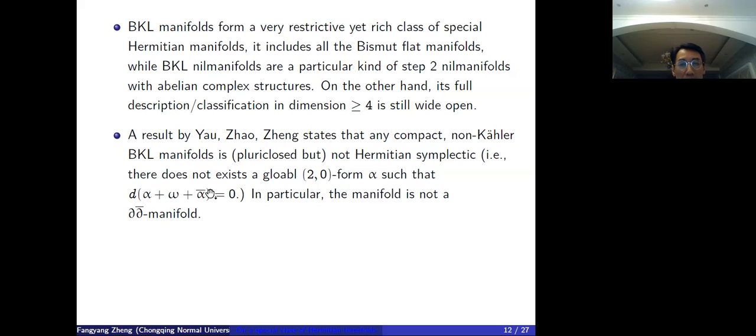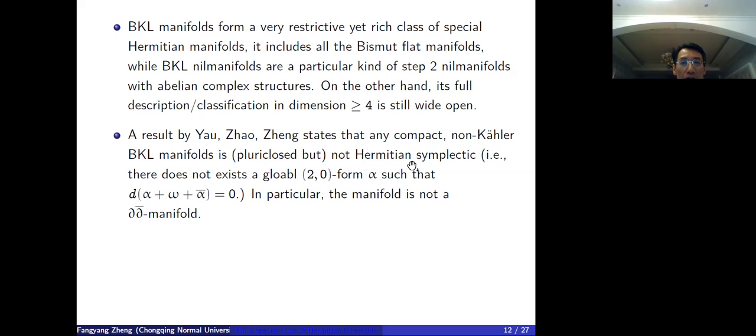So Hermitian symplectic is more special than pluriclosed, right? So if it's Hermitian symplectic, it is automatically pluriclosed, but not vice versa. But if the manifold satisfies the Dd-bar lemma, then the converse is also true. Namely, pluriclosed and Hermitian symplectic are the same.